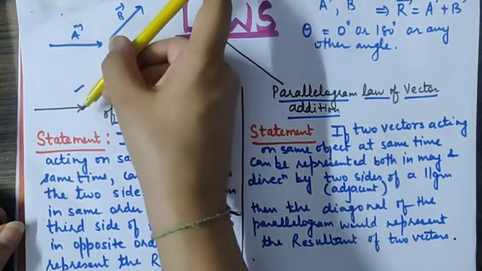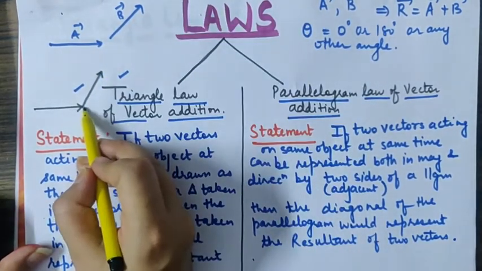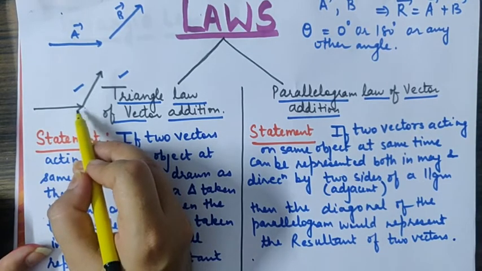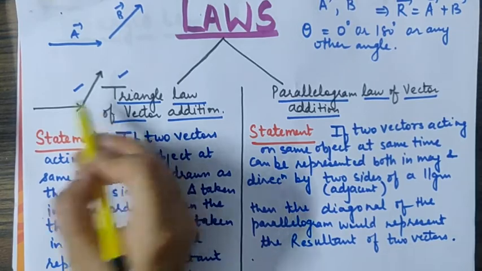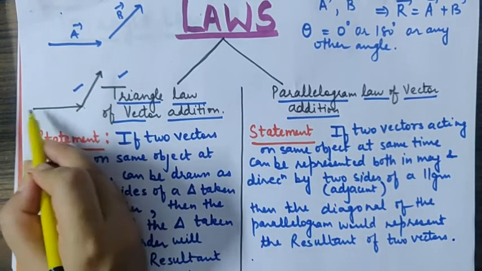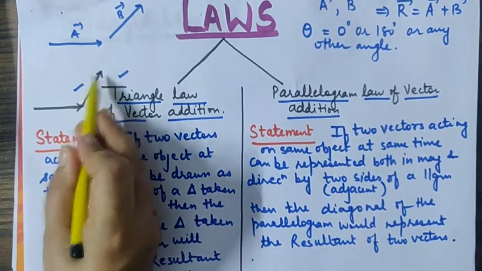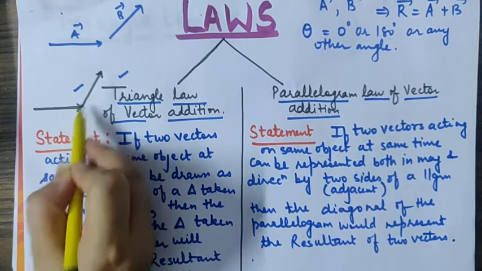Just pick it up from there and draw it like this. Why am I drawing the head of the first on the tail of the second? Because I have to draw them in the same order. Same order meaning you don't have to pick your pen up in drawing them. First, second. Order same meaning first, second. I can draw them like this.